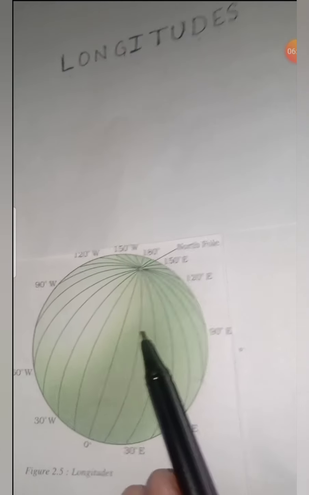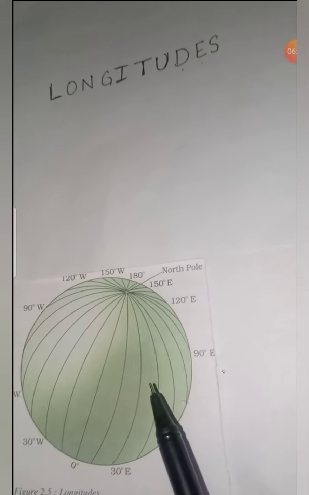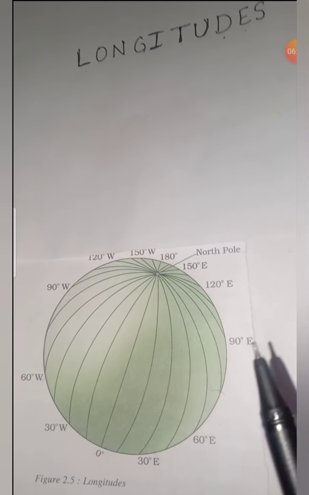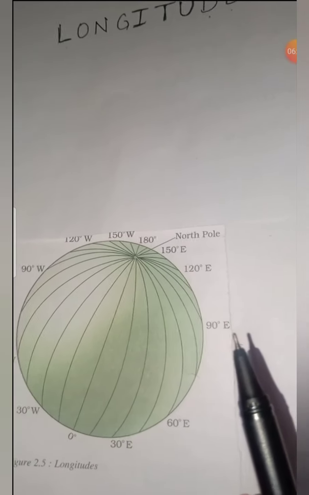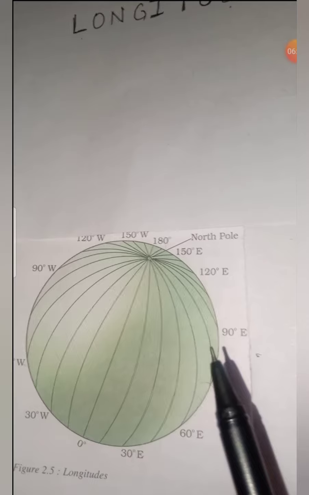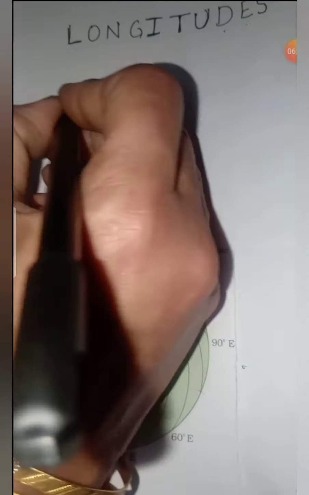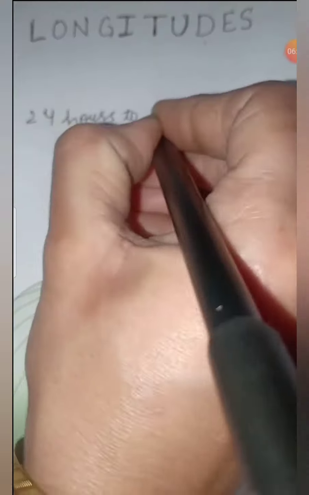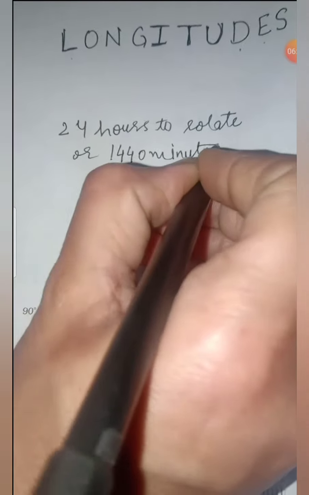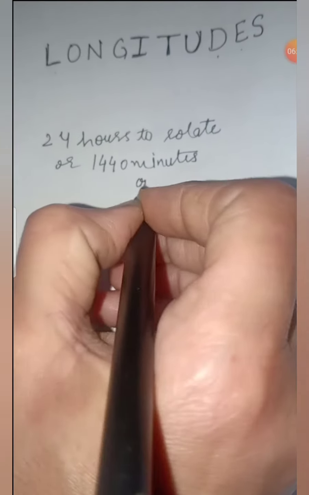If we know the longitude of a place, we can easily calculate the time. We know that the earth takes 24 hours, or 1440 minutes, to complete one rotation.